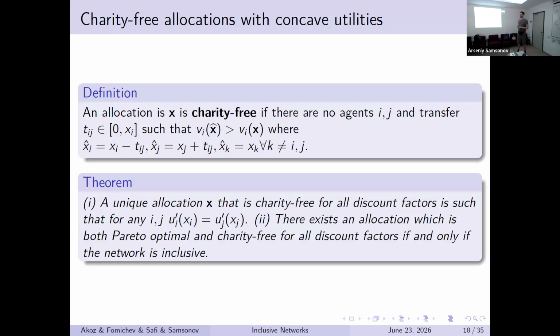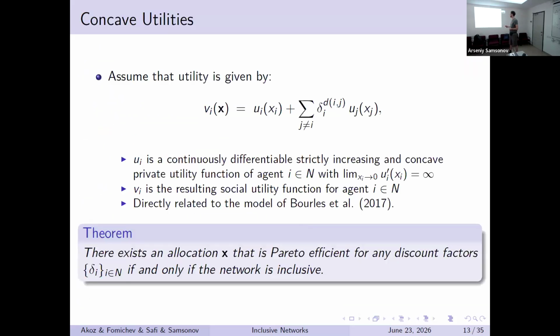So this statement is weaker than our previous theorem about concave utilities. Remember what I told you already, that we can have something which is Pareto efficient for all discount factors, period, if and only if the network is inclusive.